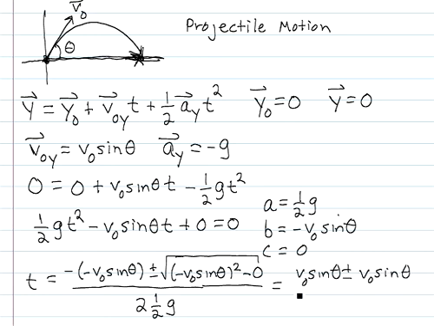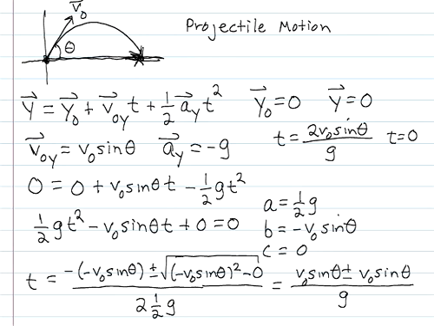Then the 2 and the 1/2 cancel in the denominator, so you get all that divided by g. If you put in the plus sign, you get 2 v sub 0 sine theta over g. I'll write that up here: 2 v sub 0 sine theta over g. And if you put in the minus sign, the numerator cancels and you get 0. So you could also have t equals 0.